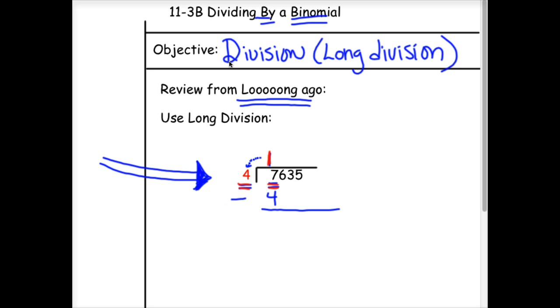And then we're going to put the product next, and then we're going to subtract, and we get a 3. And if I were to ask you, what do I do right now? You'd probably say, drop the 6 down. Well, when we do polynomial long division, that's the exact next step we're going to take. We're going to drop that next term down. Now what do we do?